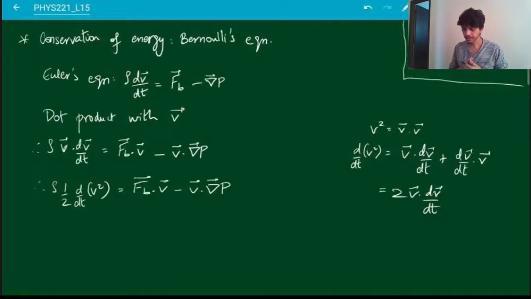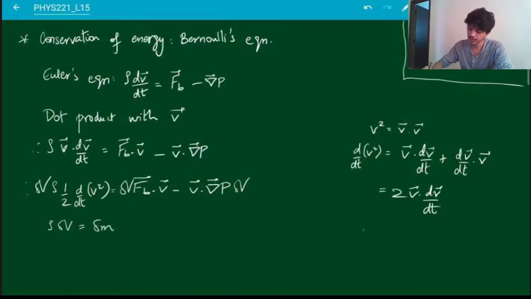What I can do is I can also multiply by the volume element delta V everywhere. So why don't I just do that in this step? Now rho delta V is just the small mass element. And if you remember, whenever we are having some kind of flow, we always consider some mass element and follow it as it moves through.